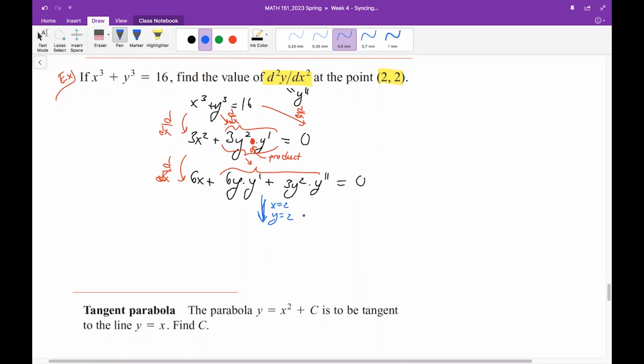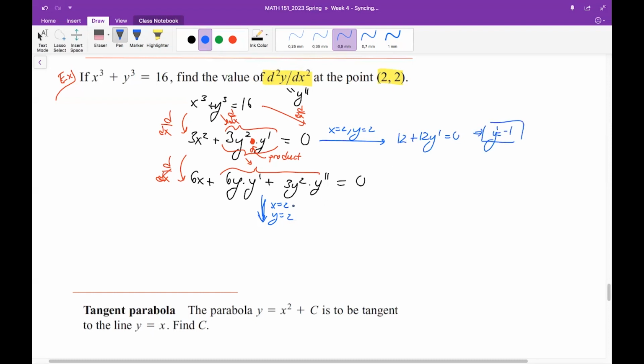Do we know it? Look at your first line. If at this line you insert x equals 2 and y equals 2, you can solve for y prime, right? So 12 plus 12 y prime is 0, so y prime is solved as -1.